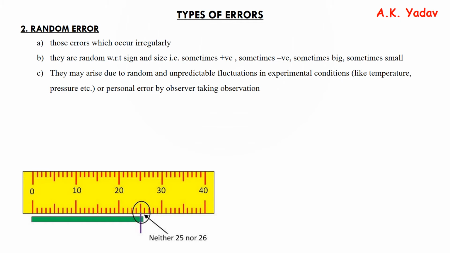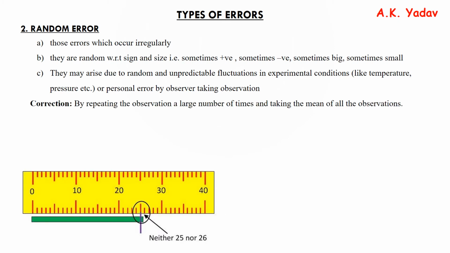For example, in this, sometimes children will take a reading of 25, sometimes they will take 26. So, how can we correct it? By repeating the observation a large number of times and taking the mean of all observations.